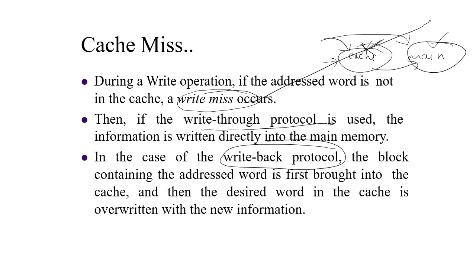So when there is a write miss, we have to use the write through protocol. In case of write through protocol, it will update the result in both cache memory as well as main memory. Since in case of write miss the address location is not present in the cache memory, it will automatically load the data directly into the main memory. This is about the cache memories.